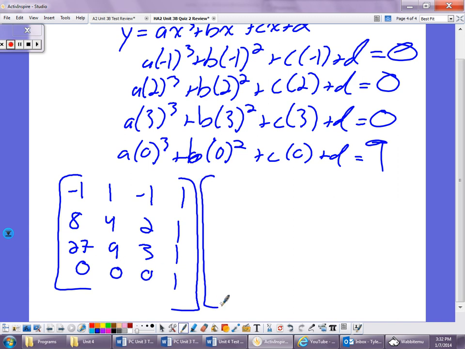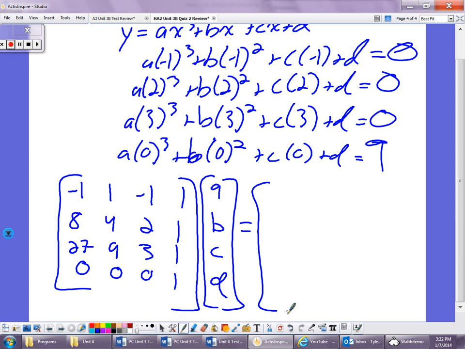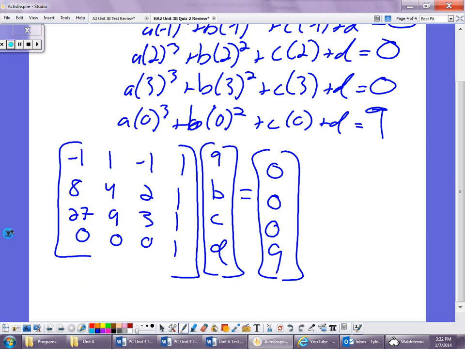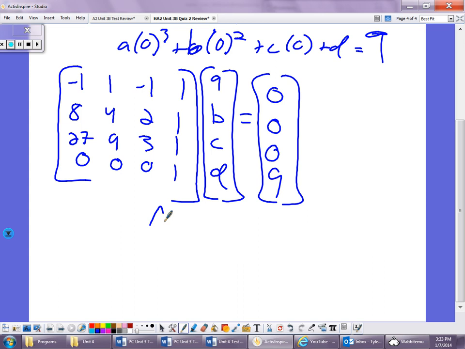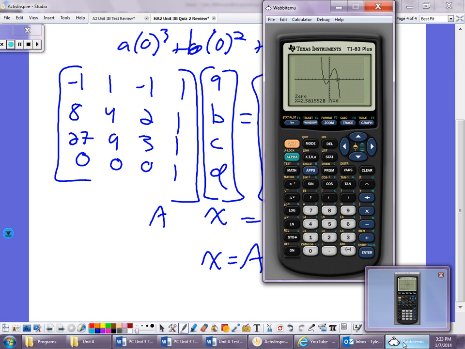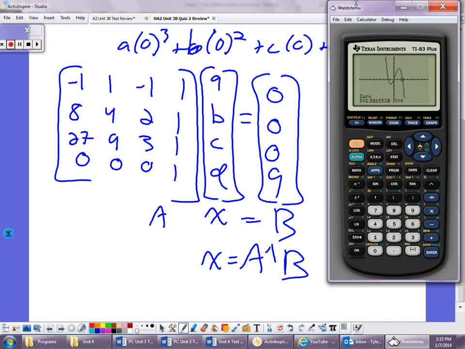Here I'm solving for my A, B, C, and D terms. And now I'm going to set that equal to my solutions. That would be this over here, so 0, 0, 0, 9. And now we see we have a matrix equation AX equals B, so I can solve X equals A inverse B. So what we would do here is input this into my calculator.